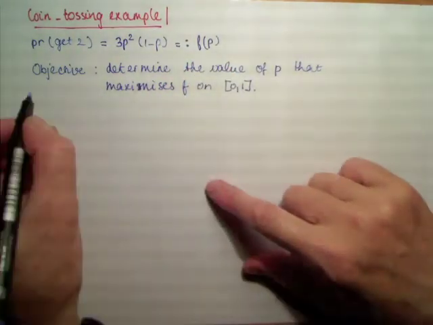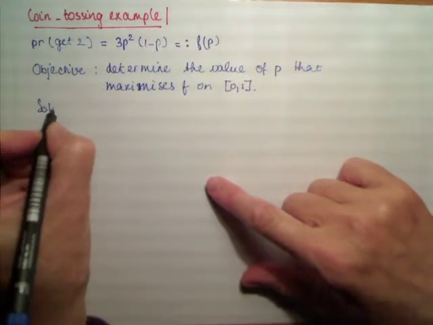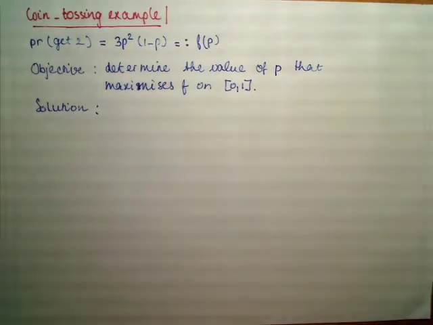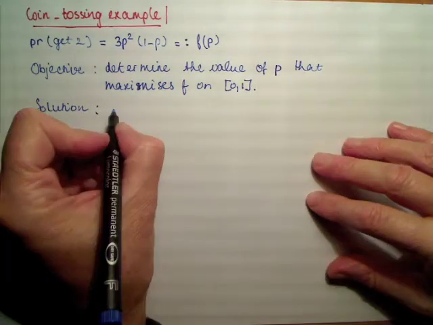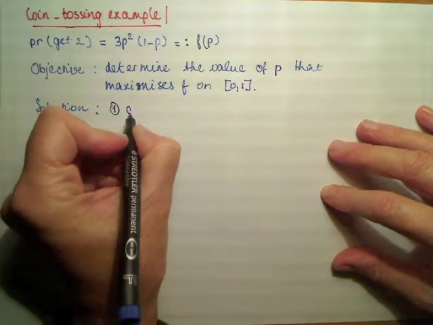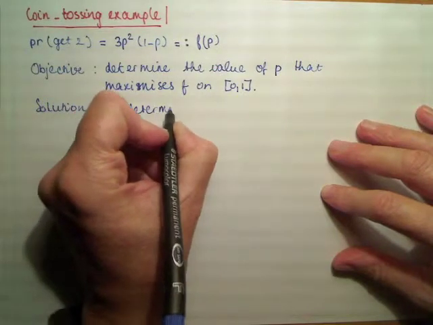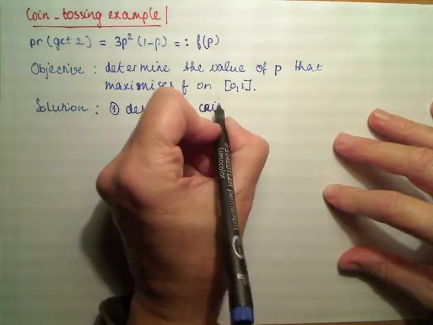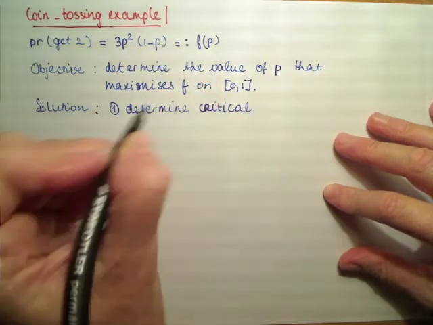Okay, now we have learned some way to solve this problem in the previous videos. So the first thing that we have to do is to determine the critical points. Now, to do so, we have to compute the derivative of the function f.